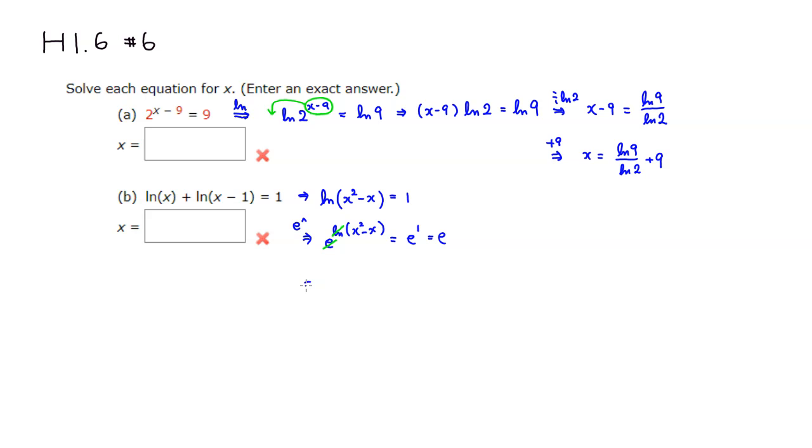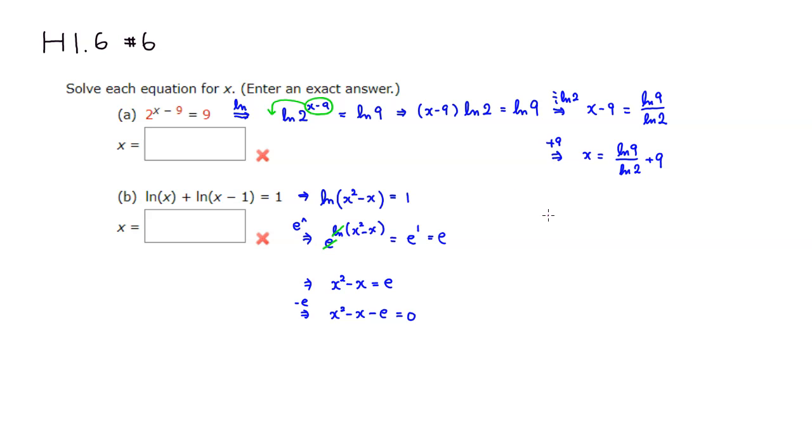So this gives us x squared minus x is equal to e. Then this is a quadratic equation, so I'm going to subtract e. We have x squared minus x minus e is equal to 0. I don't really have a clever way of solving this quadratic equation, so I'm going to use the quadratic formula.